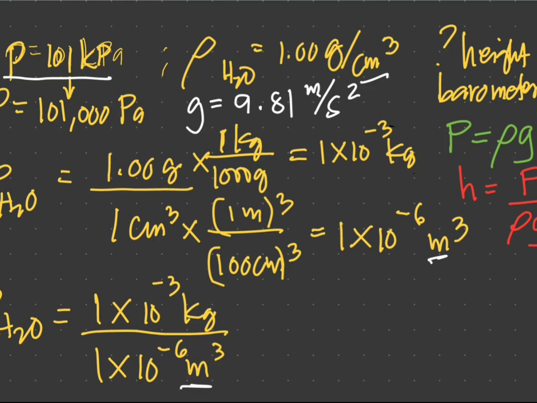Yes, we have to. Maybe not all the time, but we have the prefix kilo here. You need to memorize all of the prefixes. So we can just write that in Pascal. 1 Pascal is 1 Newton per meter squared. We need to convert the kilopascal to Pascal, so it will be easier to compute.